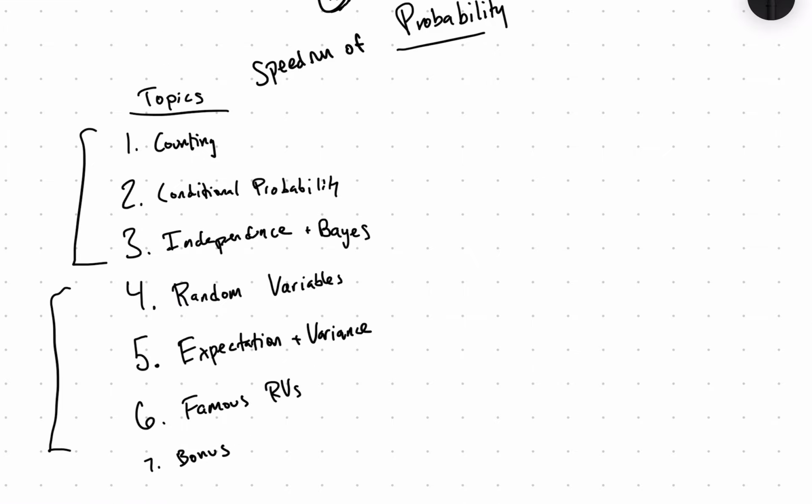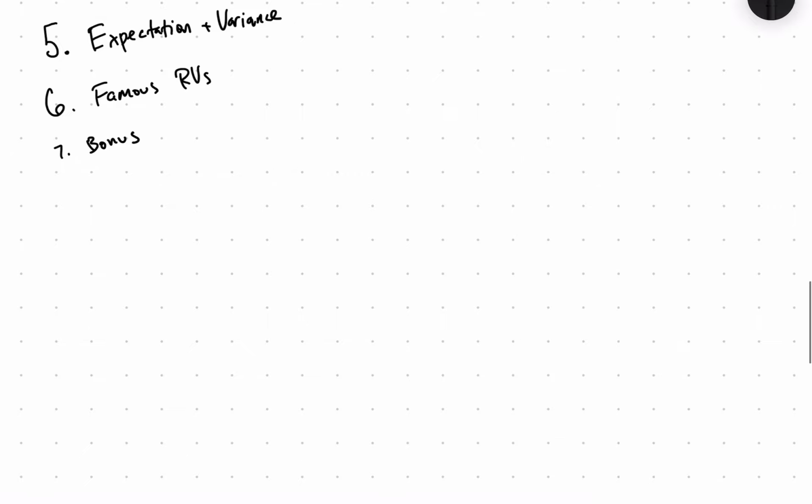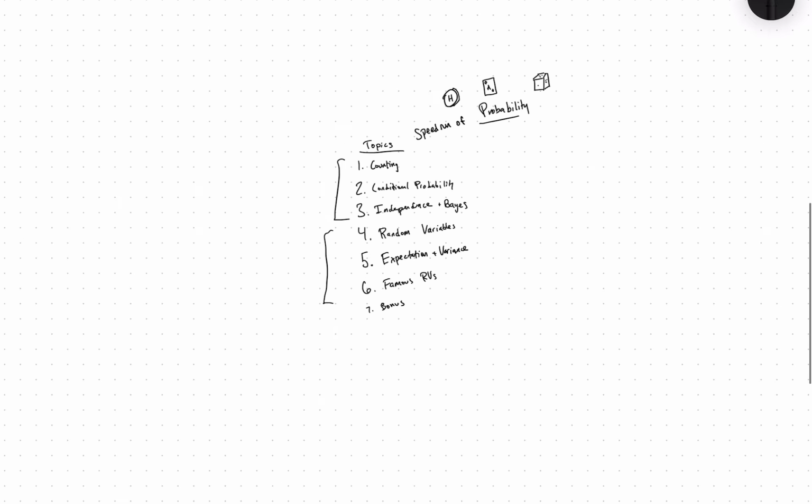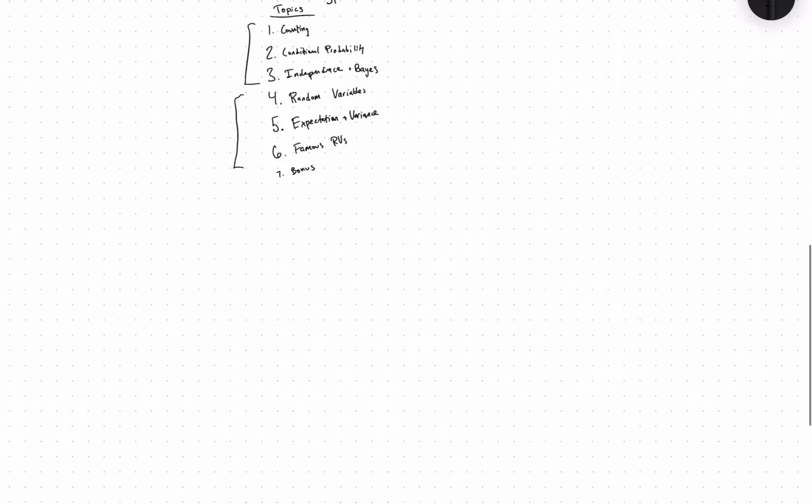So gotta go over it in some sense. All right. So let's start off by building out the core of probability with number 1, counting.